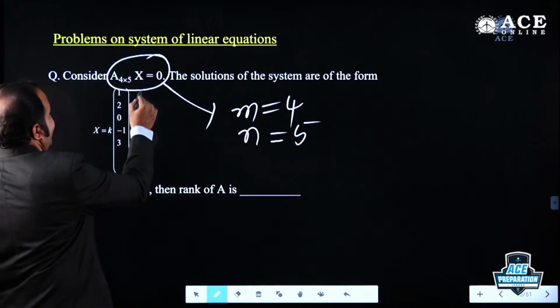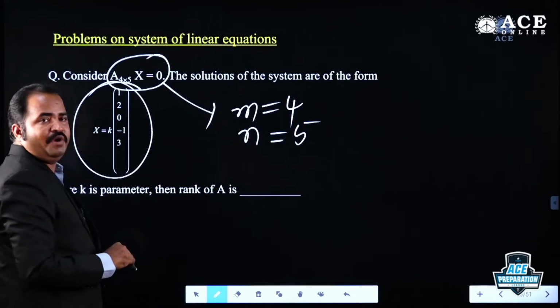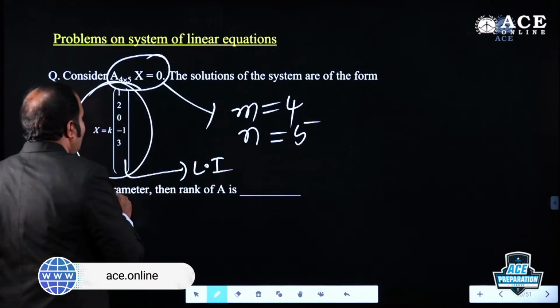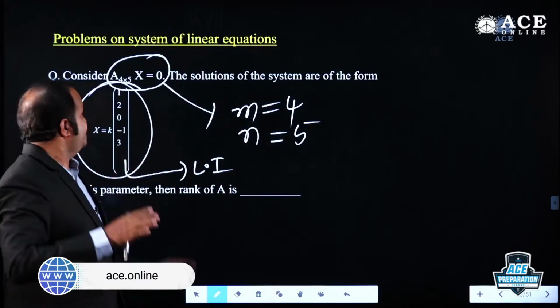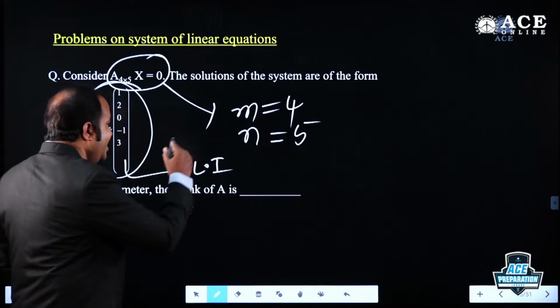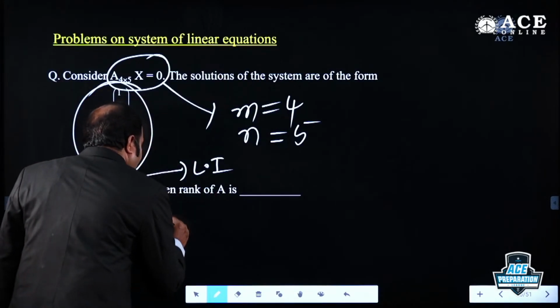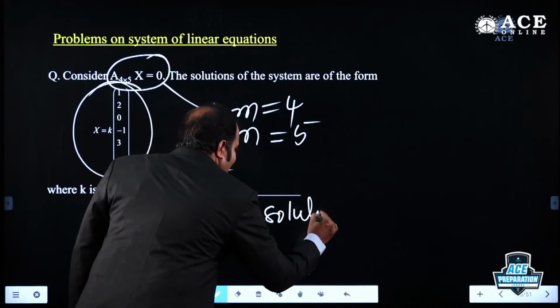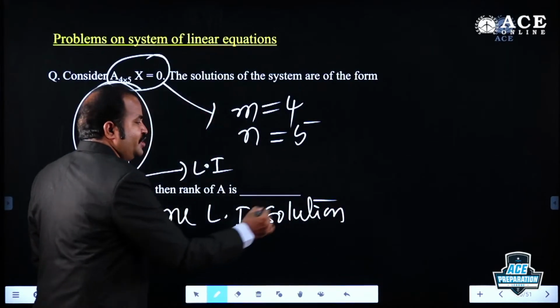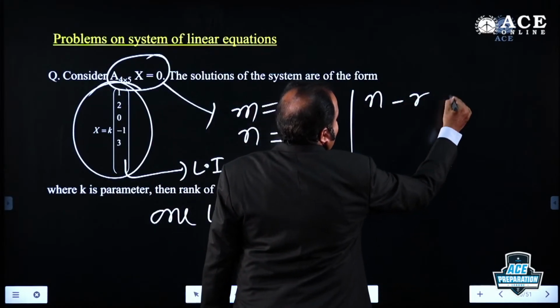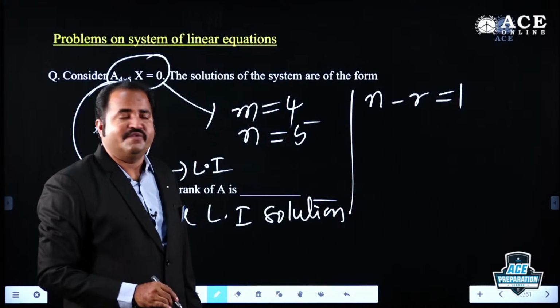Look at the solutions, what form? X equal to k into this form, or not? Means what? This is the linearly independent solution. So the solutions are x equal to k times this 1, 2, 0, minus 1, 3. Multiples of this solution. So one independent solution is there. Means number of independent solutions, n minus r, is given as 1.